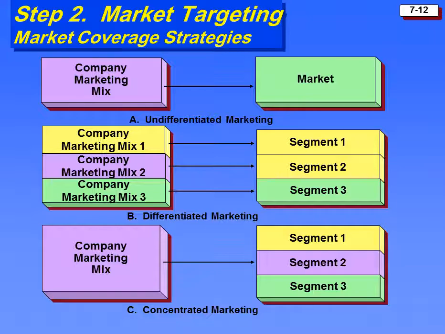In the third strategy, concentrated marketing, the company segments the market into more than one segment and then selects one segment to work in and introduce its products, looking for a competitive advantage in this segment, with the marketing mix that is good for the segment that the company chose.